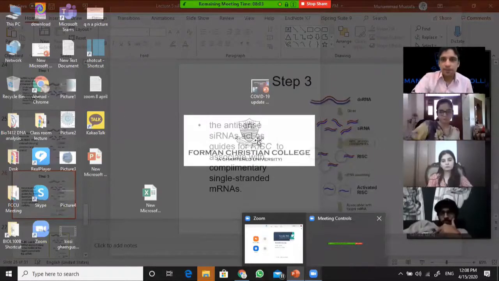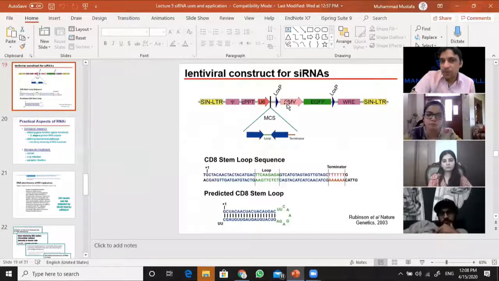If you can see here, CMV is a promoter which can express a mammalian gene, and here it will express EGFP. SIN elements are DNA elements. LTR, long terminal repeats, is a type of DNA that helps the vector incorporate into the genome. So every DNA element has a certain function.